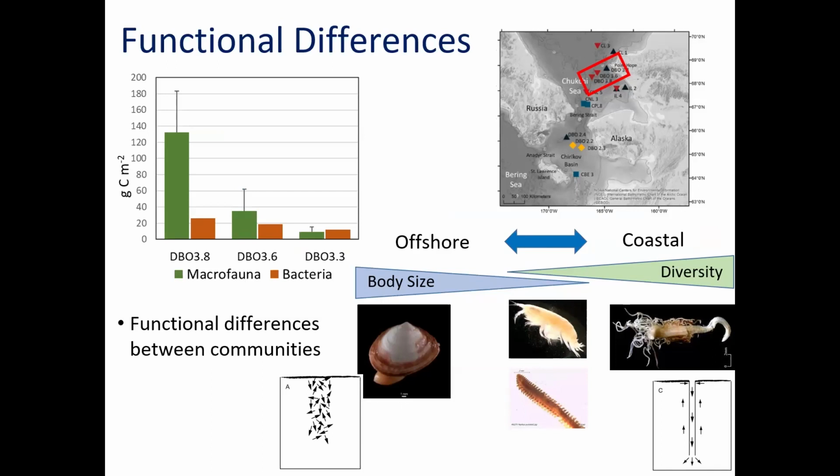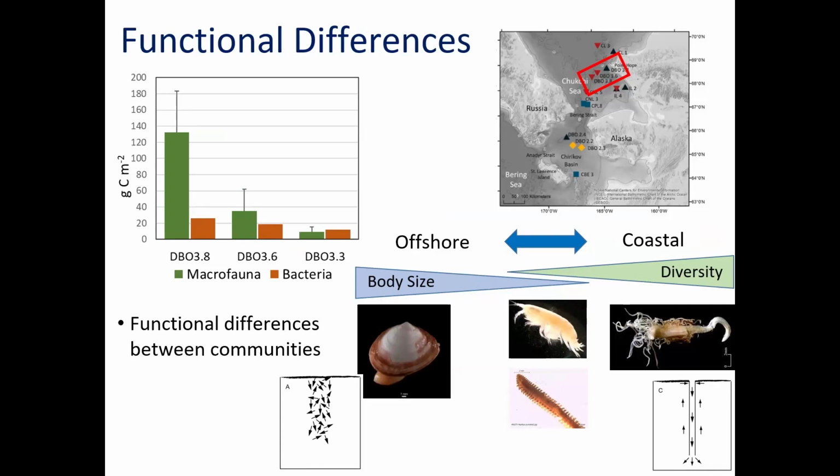So I'm going to focus for a second on the 3 stations that are in the little red box up there. The 2 stations in red are out in that biomass hotspot again, and then the 3rd station closest to the coastline is that coastal water mass. Just looking at some bulk parameters of the community structure, on the upper left here is biomass distribution between macrofauna and bacteria.